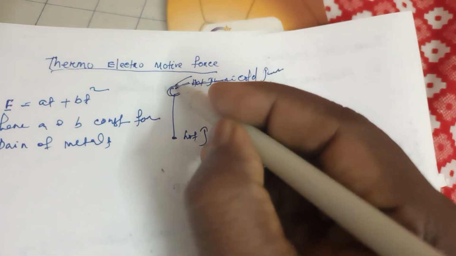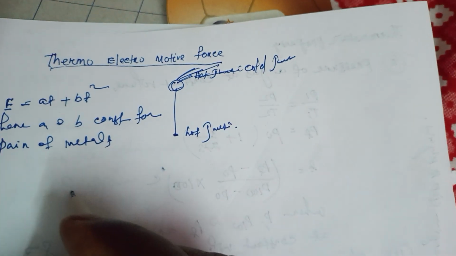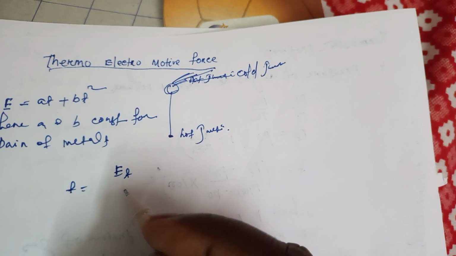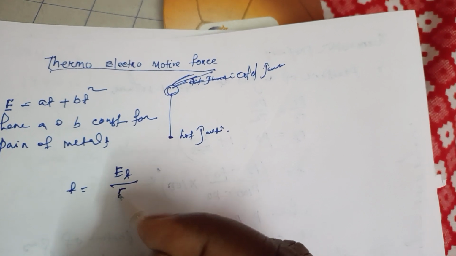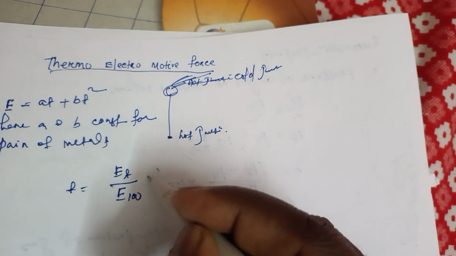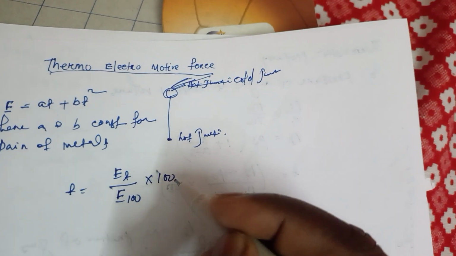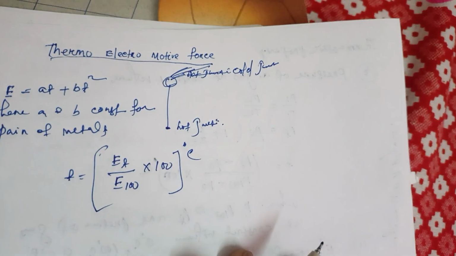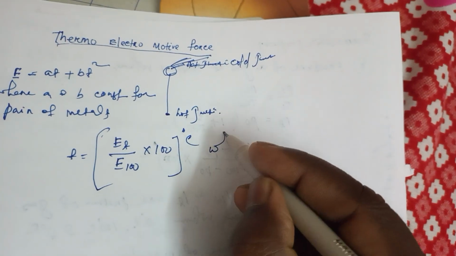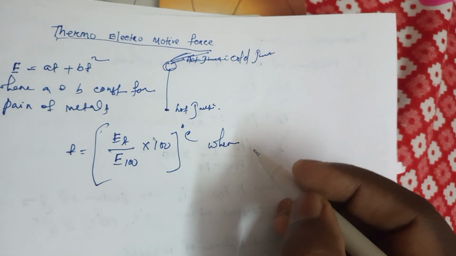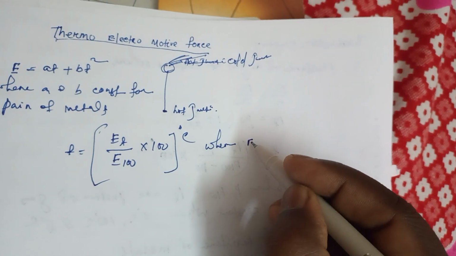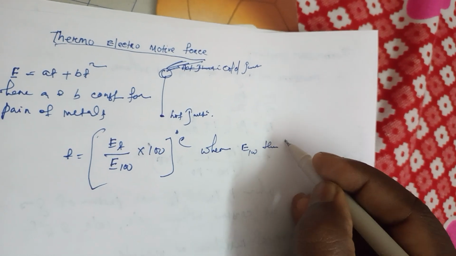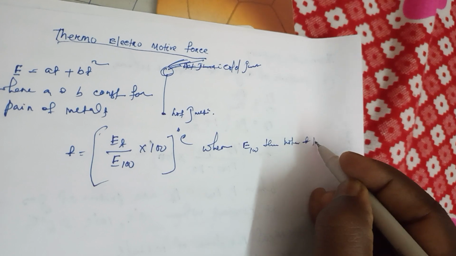Then the temperature at junction T is equal to ET by E100 into 100 degrees centigrade, where E100 is the thermo EMF with the hot junction at 100 degrees centigrade.